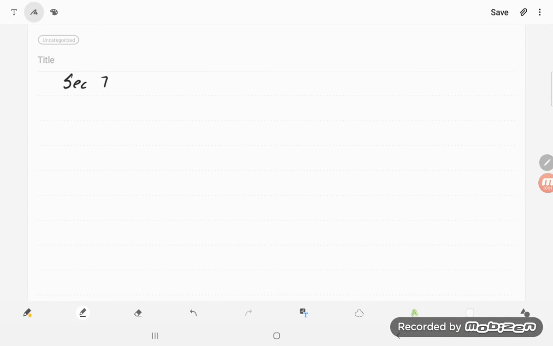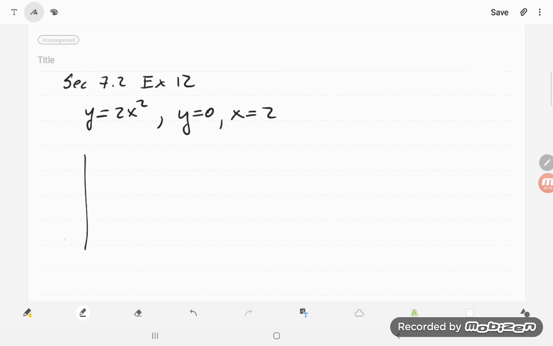Here's section 7.2, exercise 12, and this is really 4 exercises in one. They give us a region bounded by these three curves: y equals 2x squared, which just looks like x squared, y equals 0, that's the x-axis, and x equals 2.